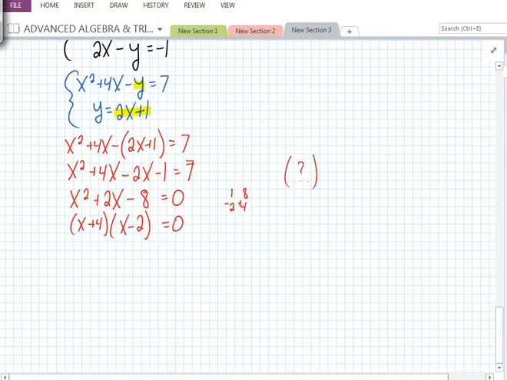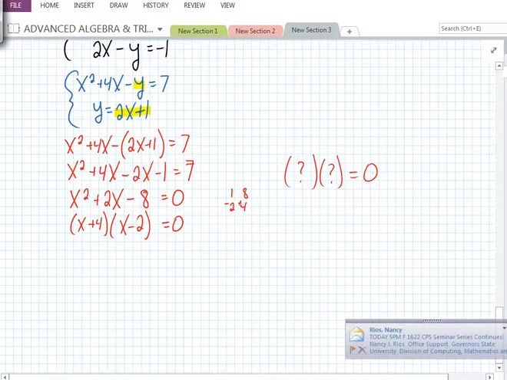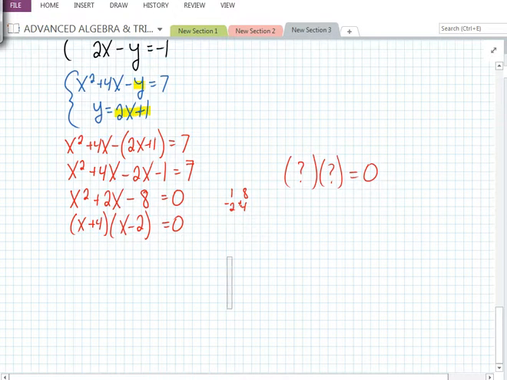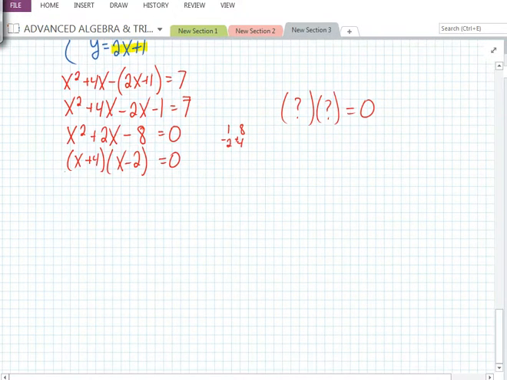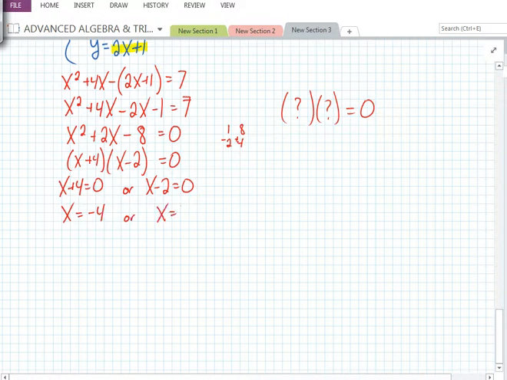If I'm thinking of two numbers, and I tell you that when I multiply them it's equal to 0, you can tell me that at least one of my numbers must be equal to 0. We're going to use that to solve this equation. So we know that either x plus 4 is equal to 0 or x minus 2 is equal to 0. Quickly solving these tells us that x is -4 or x is +2.